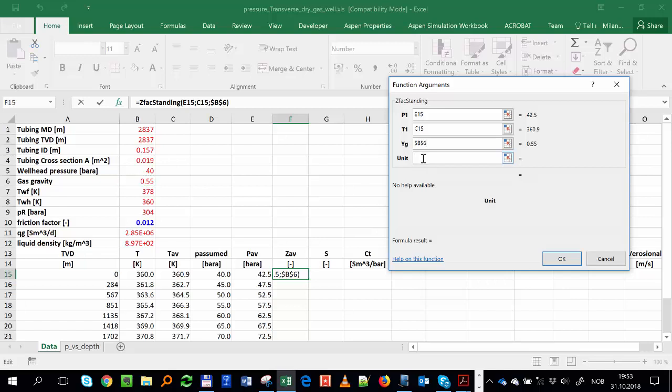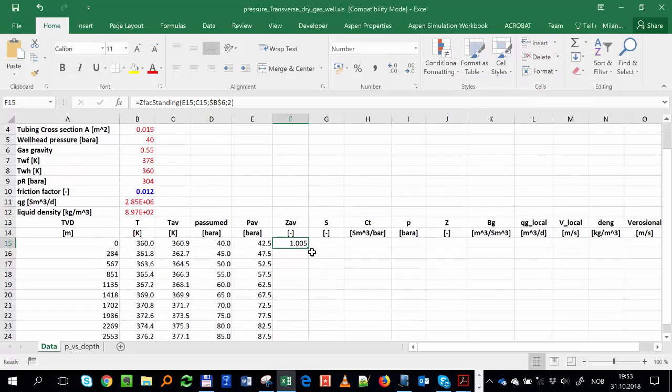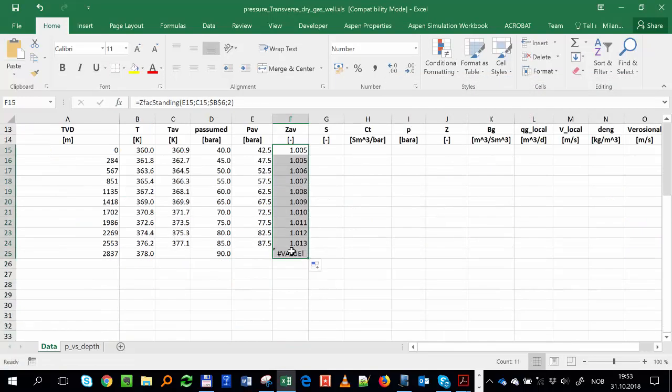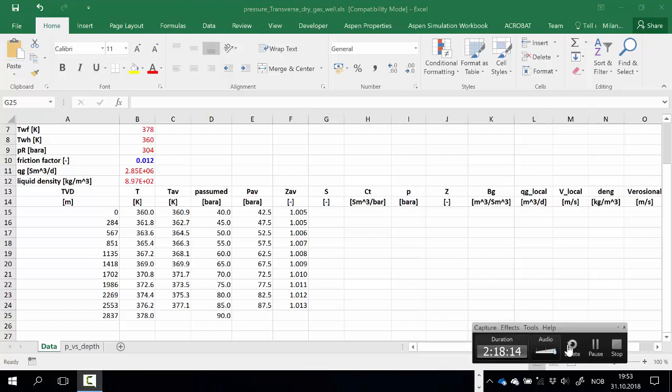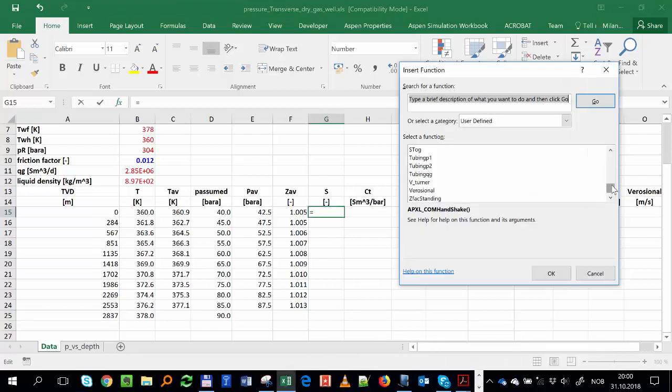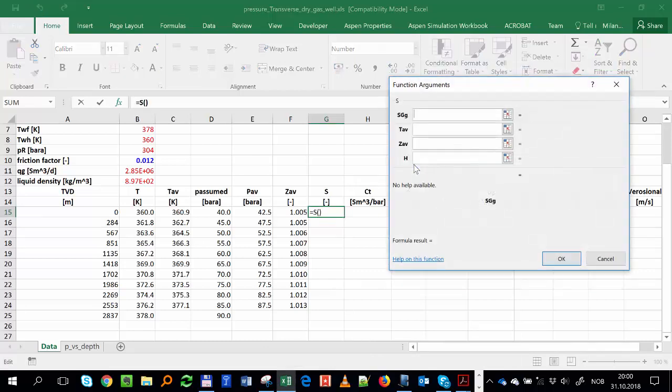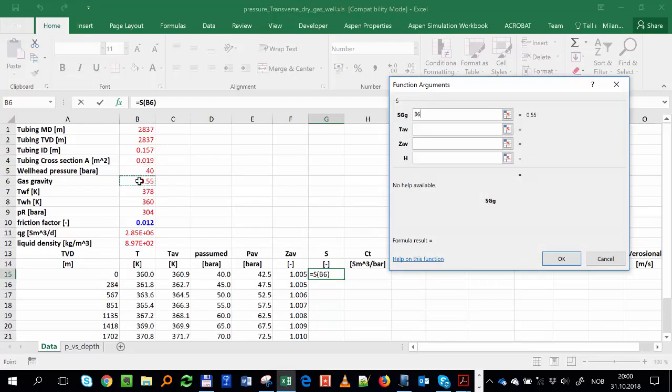And the unit will be 2, because I'm using metric units. S is here, and S requires the specific gravity of the gas, which I have here in B6.